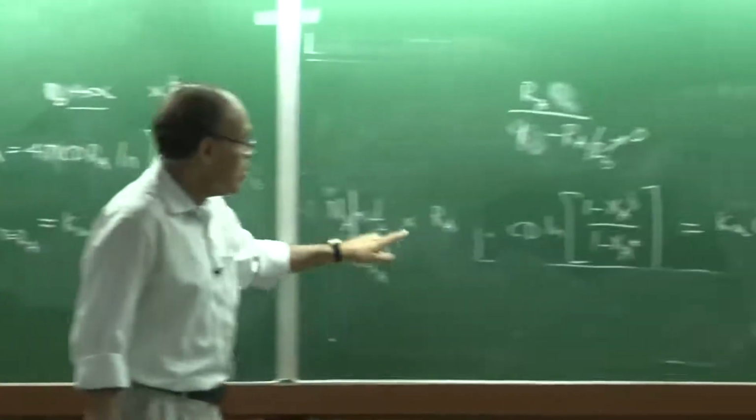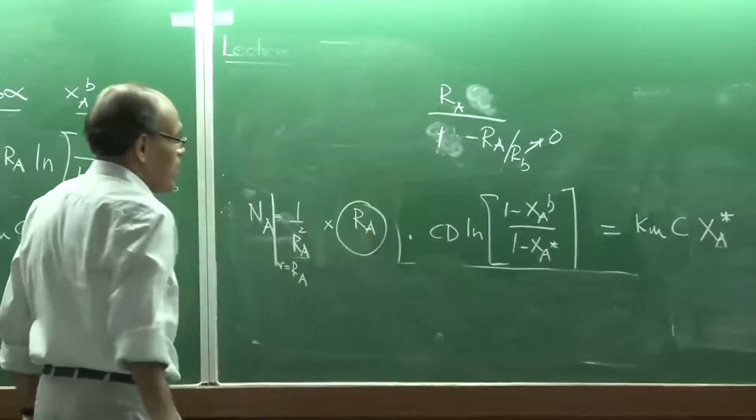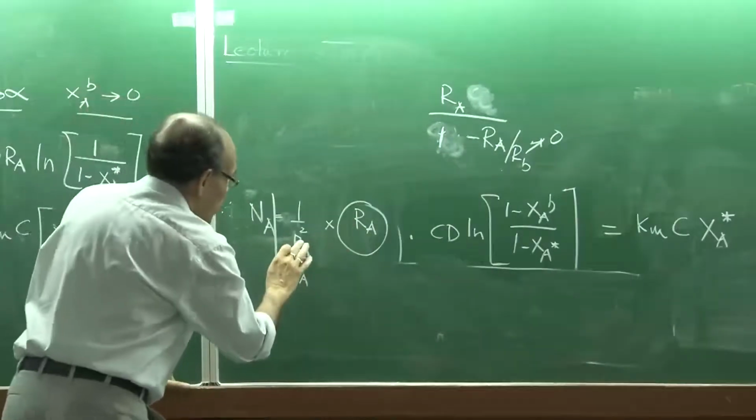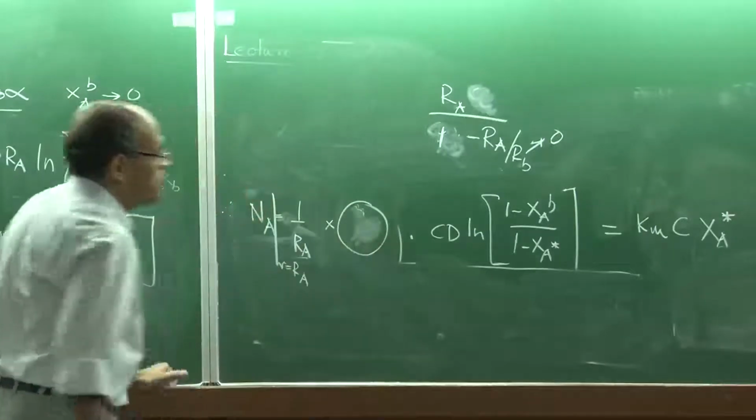So, the whole term is now going to collapse into whatever is written here. So, 1 by R square, that gives us this particular parameter.